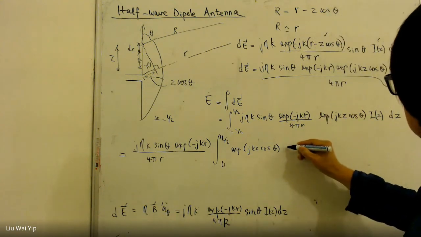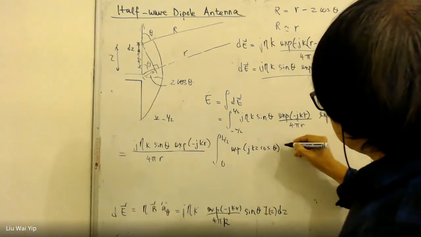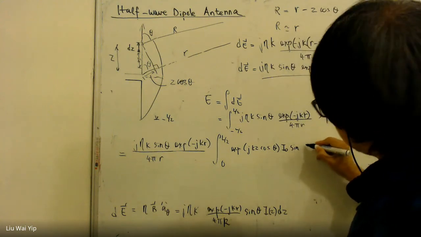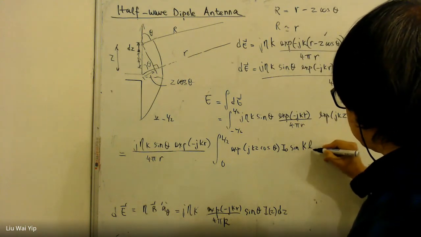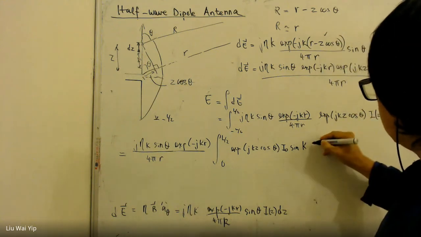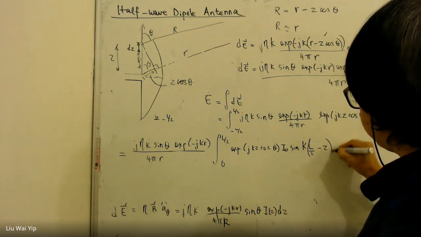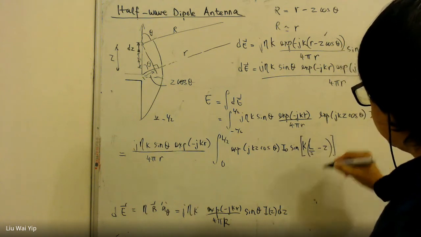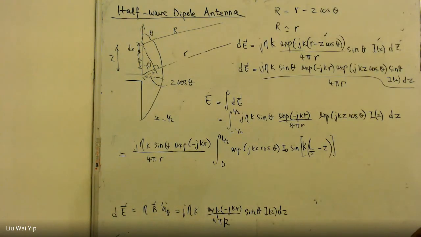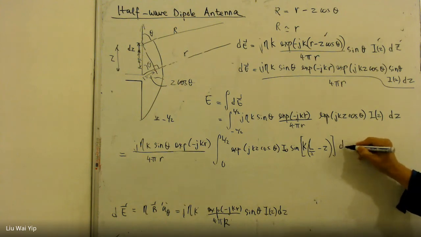We can do IZ here, which is equal to I naught sine K L divided by 2 minus V. So this is the column for the upper segment dV.